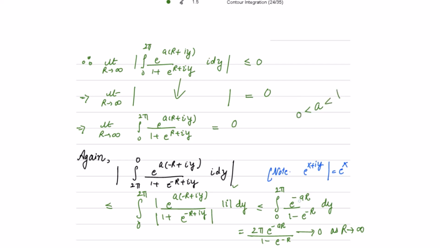For negative a, the sign will be changed. So this negative a is less than 0, which means this is a negative quantity, right? So that means this is negative.